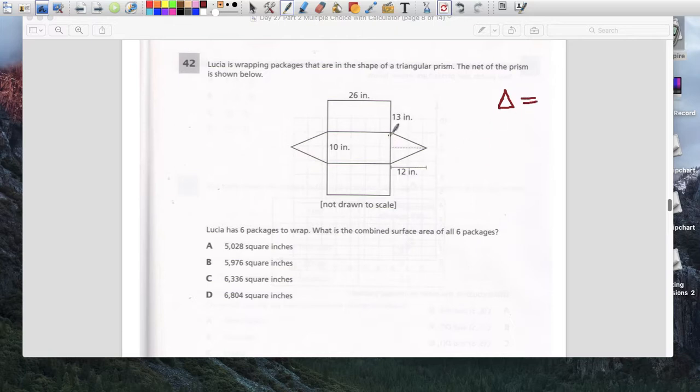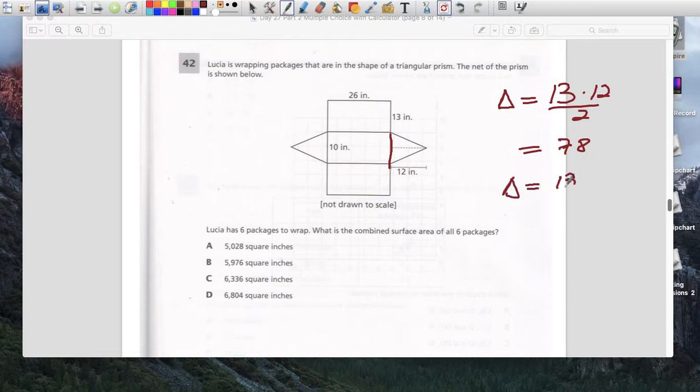Area of the triangle is a base, and this base right here is 13. The height of that is 12. I'm going to divide that by 2. I believe it's going to be 96. 13 times 12 divided by 2. No, 78. So I have 2 triangles.